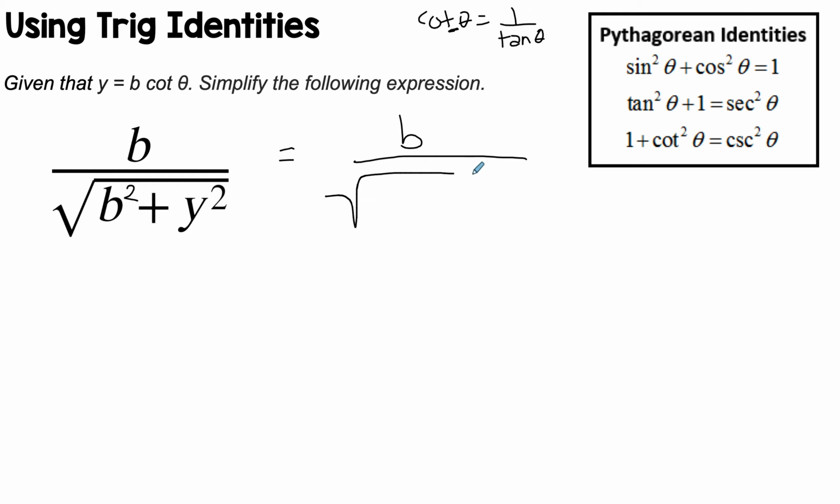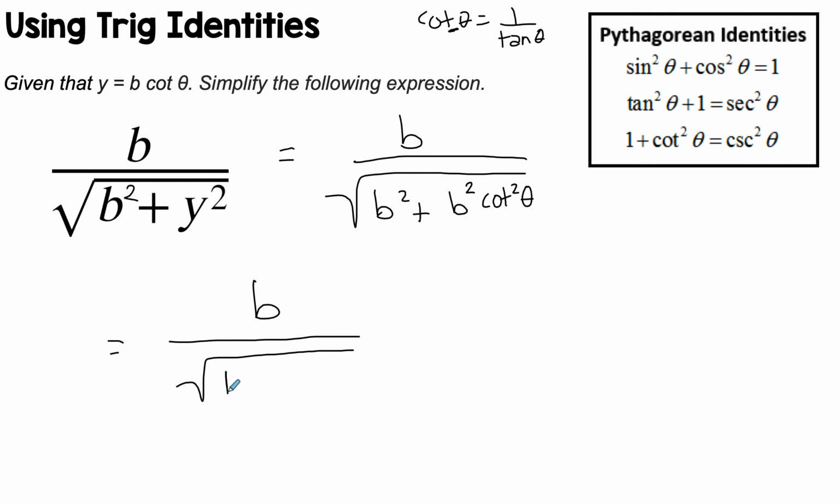So b over root of b squared plus b squared cot squared theta. If I spread out the square, it's going to be b squared cot squared theta. And I could do the same thing that I did on the previous slide, which is factor the b squared out. So I have b squared times 1 plus cot squared theta. Sorry, take a b squared out.